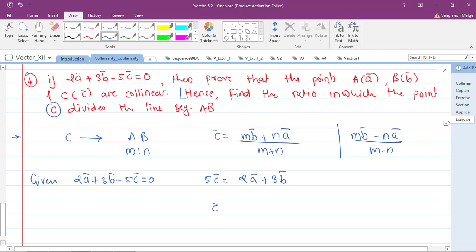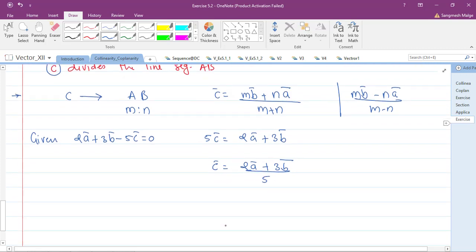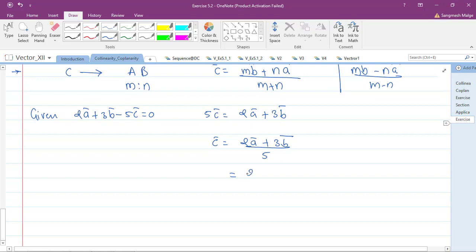So C bar is equal to (2A bar plus 3B bar) upon 5. Now, how can you write this 5? Which is nothing but 2 plus 3. So C bar is (2A bar plus 3B bar) upon (2 plus 3). Now this is your solution.